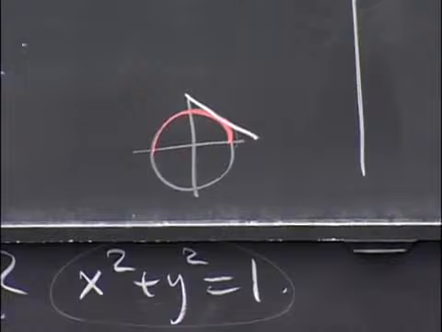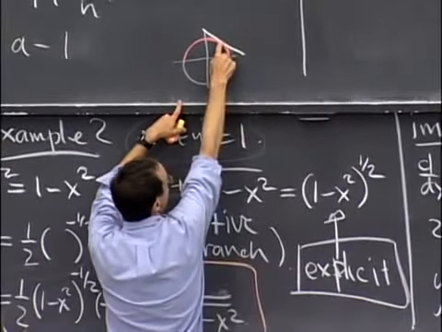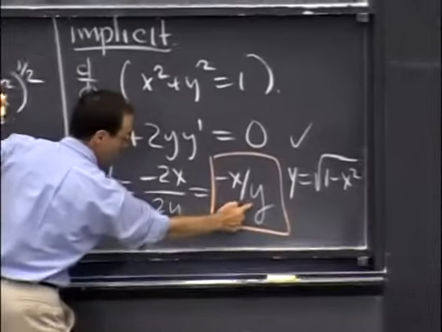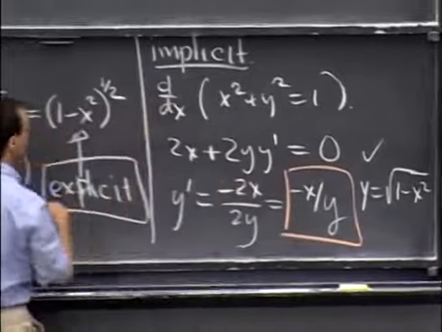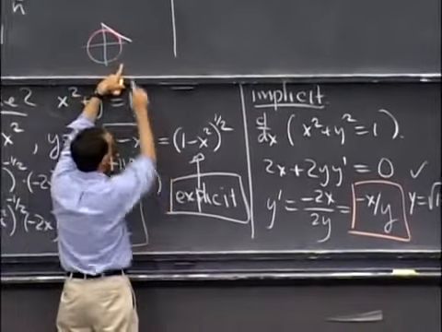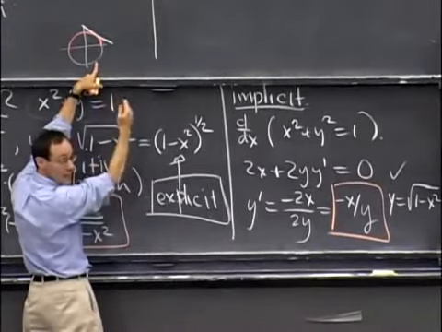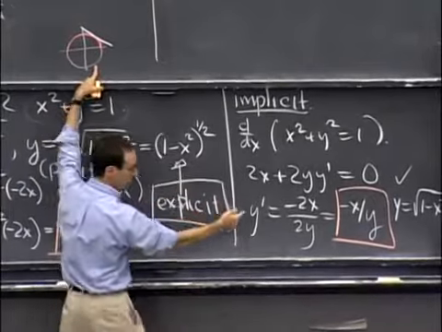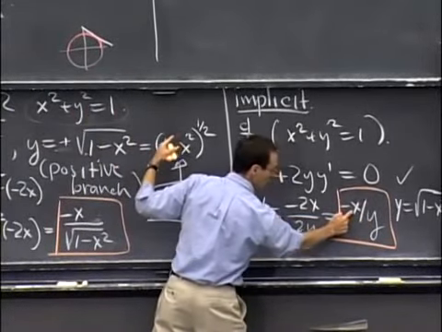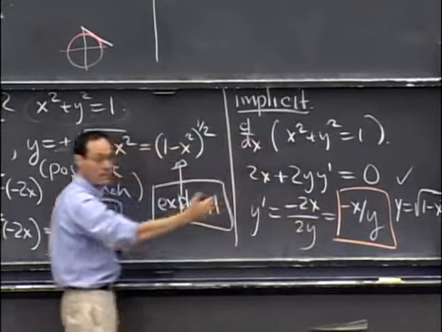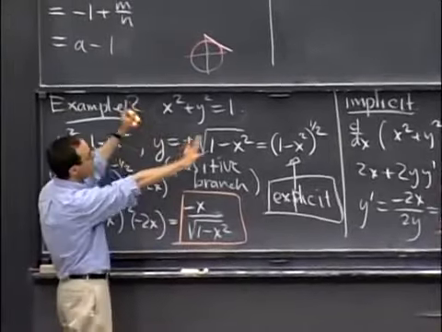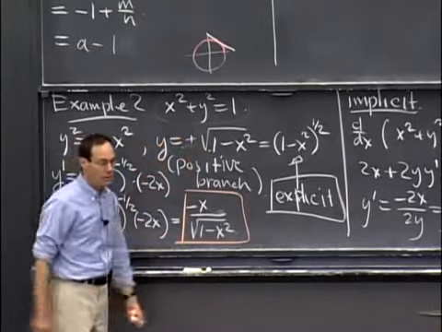And similarly, what's happening up here is that both x and y are positive, and the slope is negative. On the other hand, on the bottom side, x is still positive, but y is negative, and it's tilting up because the denominator is negative, the numerator is positive, and this minus sign makes it a positive slope. So it matches perfectly in every category.